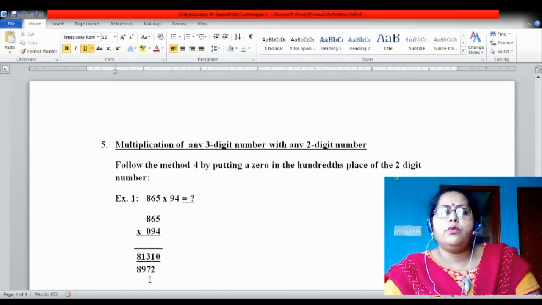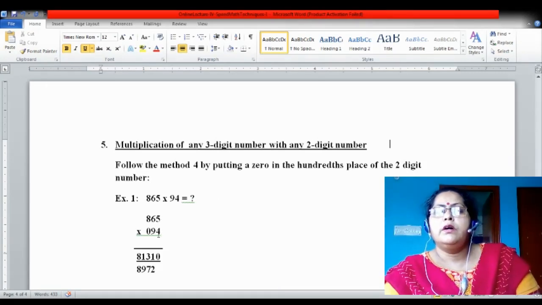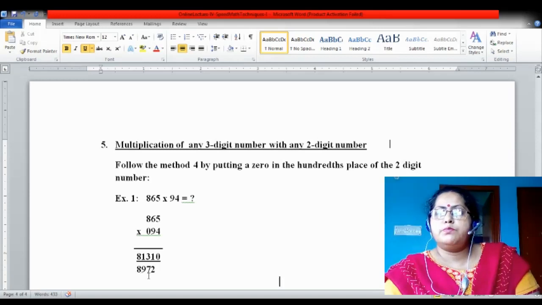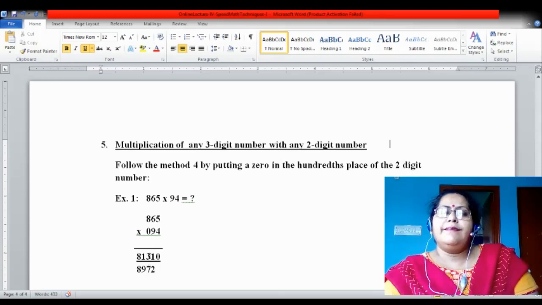Next is our third step, so it's 8 into 4, 32, this is 0, 5 into 0, so we have only 32 plus 9 6s are 54, so it's 54 plus 32, that means 86. Now I had a 7 down for carrying forward, so 86 plus 7 is 93, so 3 is taken, 9 kept down.